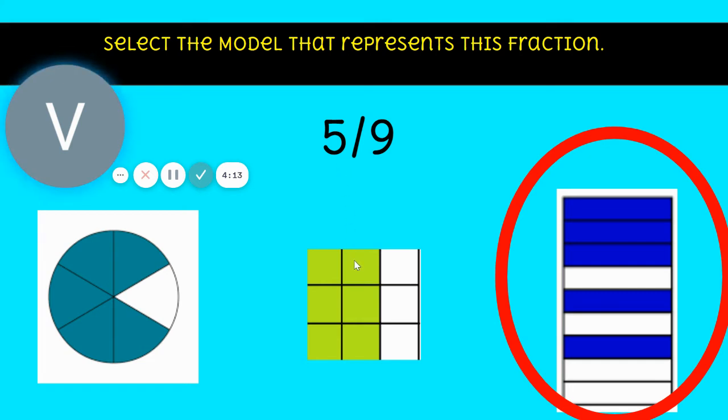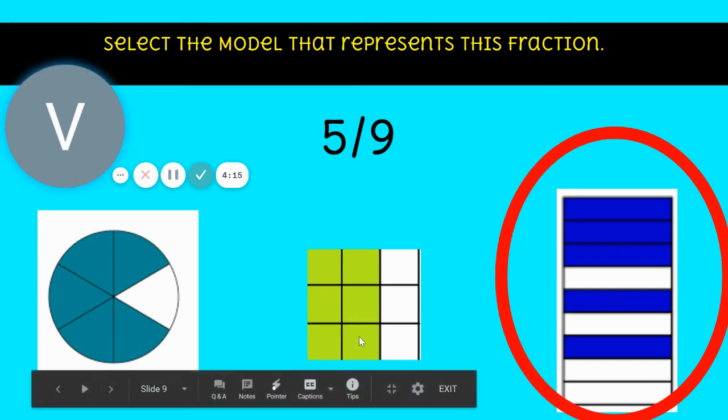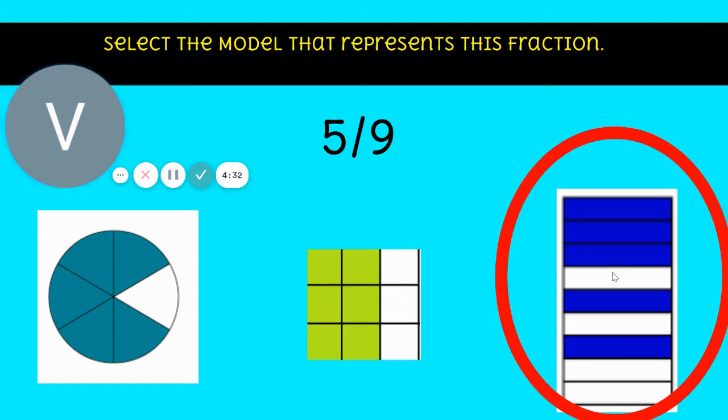This gray model has 1, 2, 3, 4, 5, 6 pieces, so that will be the fraction 6/9. So I know that is not that one. Then we have the one that's circled, 1, 2, 3, 4, 5. 5 out of 9 pieces are colored in, so it's 5/9, the fraction.